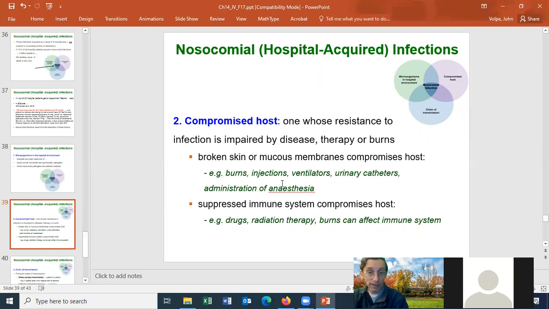Burns, injections, ventilators, urinary catheters, even the administration of anesthesia makes the host more susceptible to coming down with a nosocomial infection. And then some patients are immunosuppressed. Various drugs, radiation therapy, and burns weaken the host immune system, making the patient more likely to come down with a nosocomial infection.